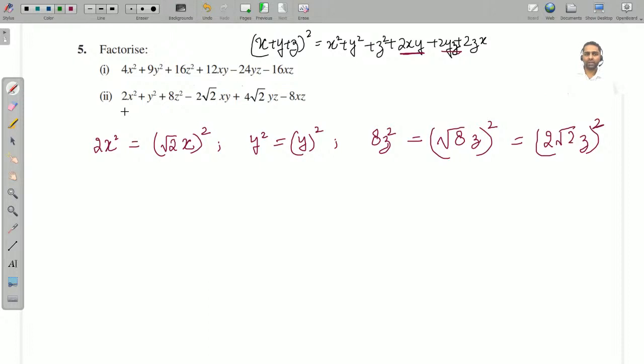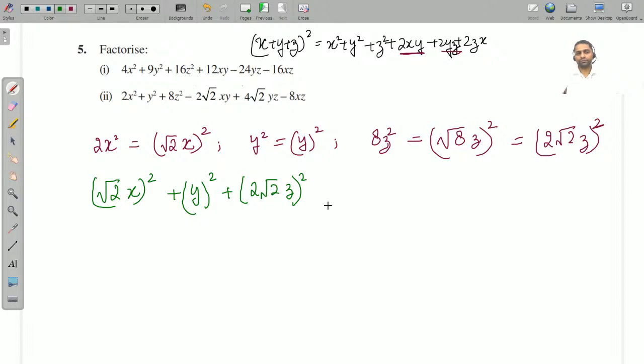Once you have recognized how these terms can be written, 2x square plus y square plus 8z square, you are going to apply these terms over there. So square root of 2x whole square plus y whole square plus 2 square root of 2 z whole square.